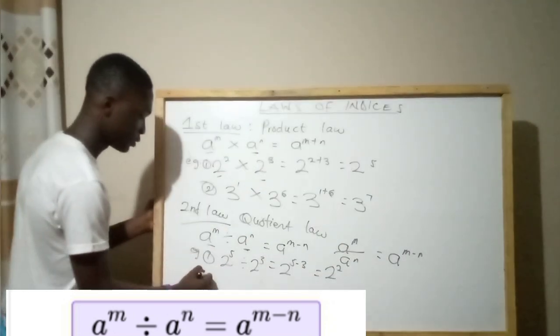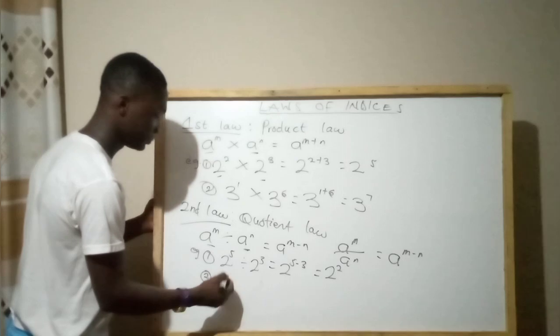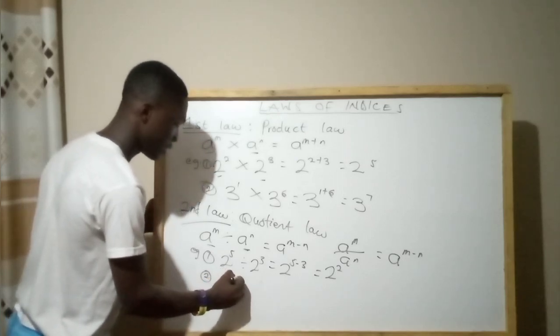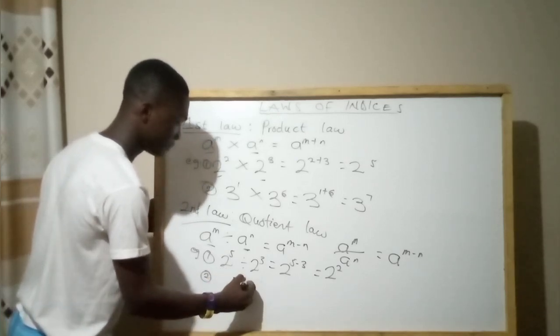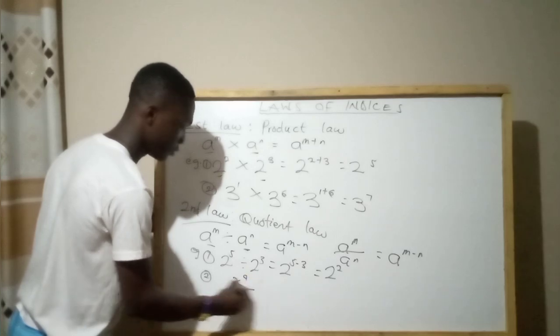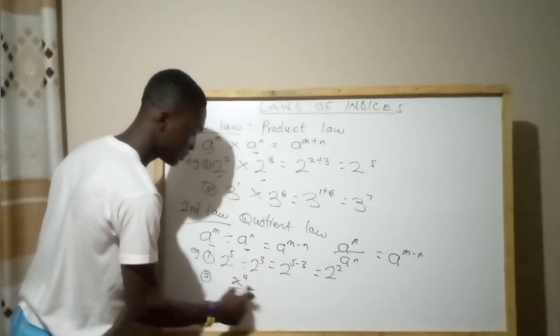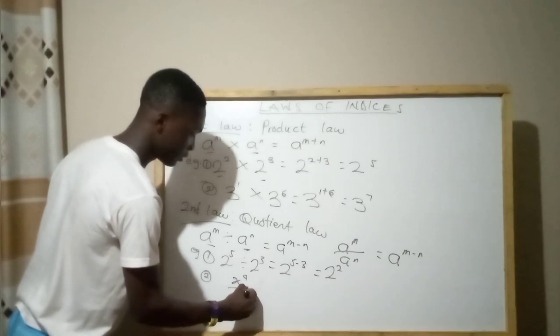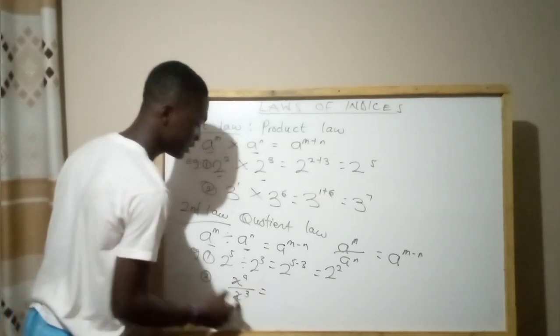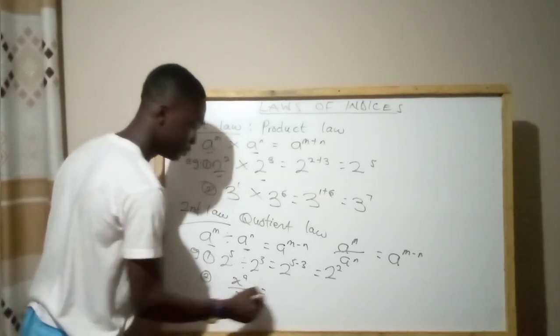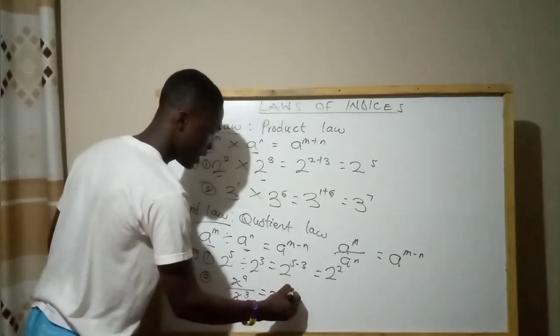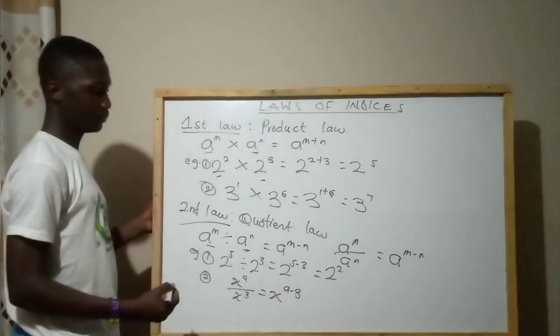Let's continue. Example 2, let's take x power a over x power 3. So you have the same bases, so it will be x power a minus 3.